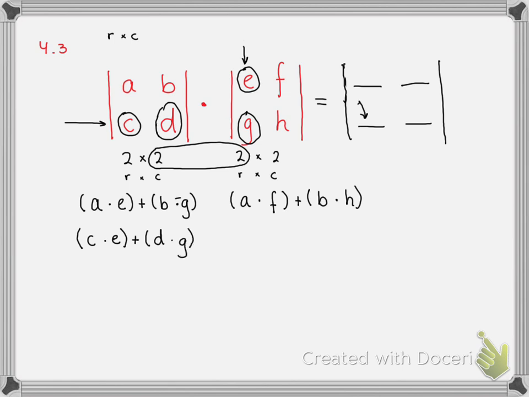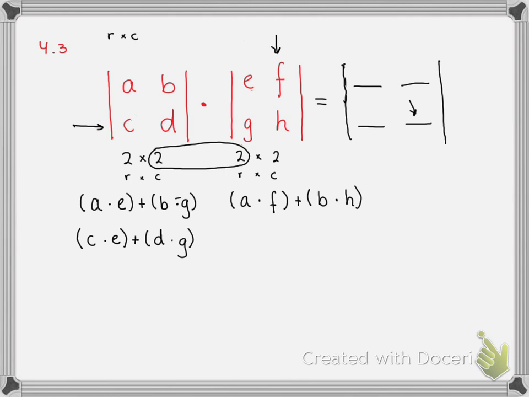And then the last opening in our solution matrix is row 2, column 2. We'll look to row 2 from the matrix on the left, and column 2 from the matrix on the right, which is going to give us the solution in row 2, column 2 of the solution matrix.